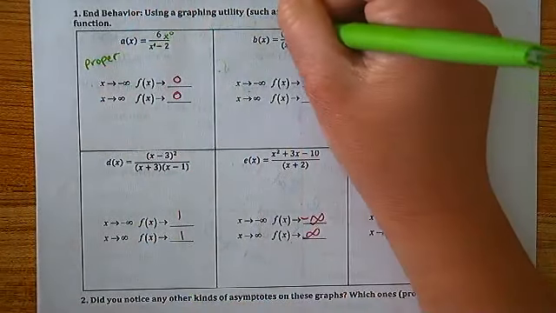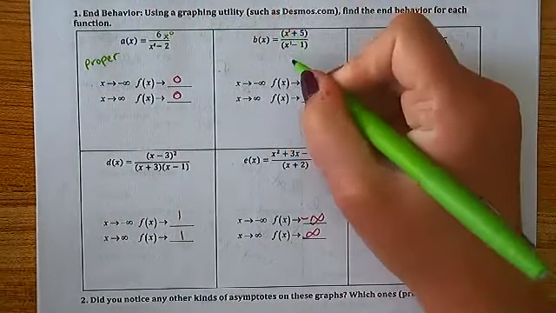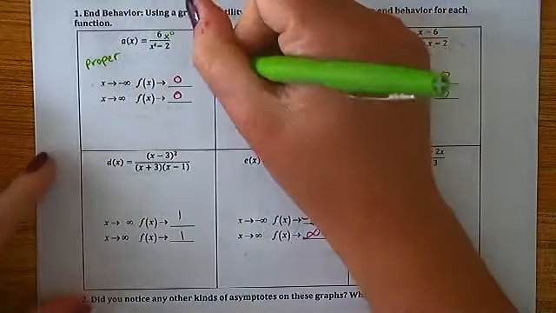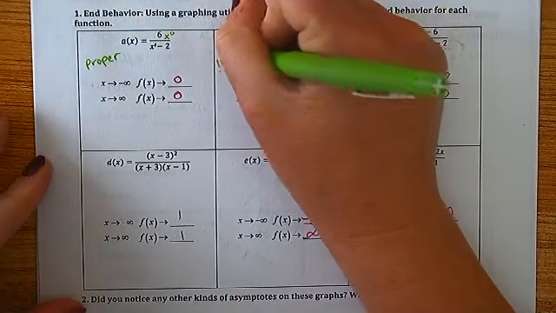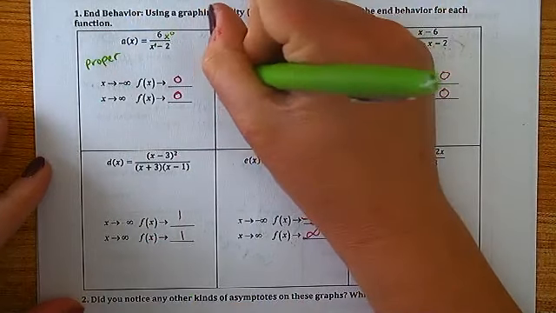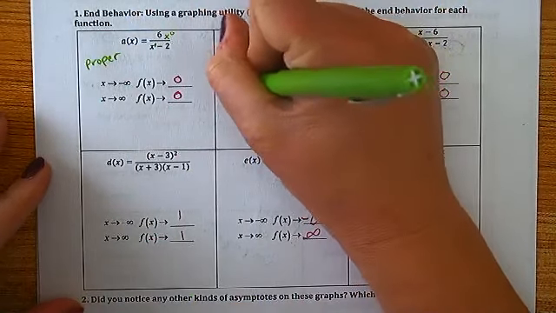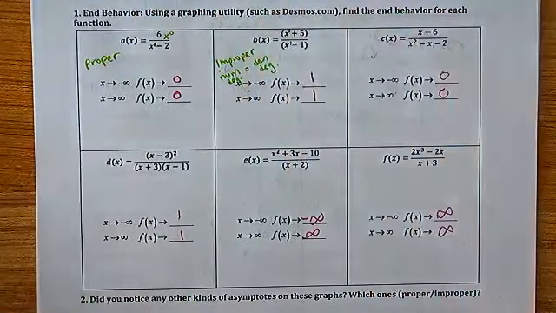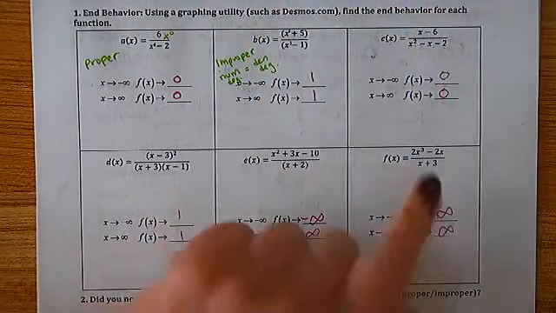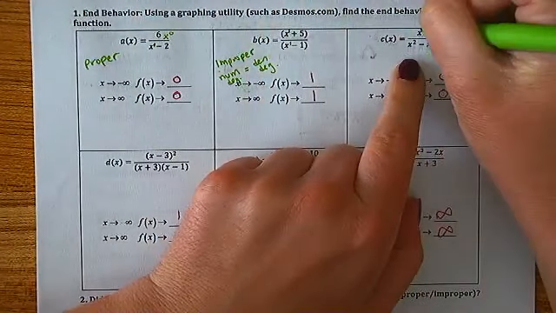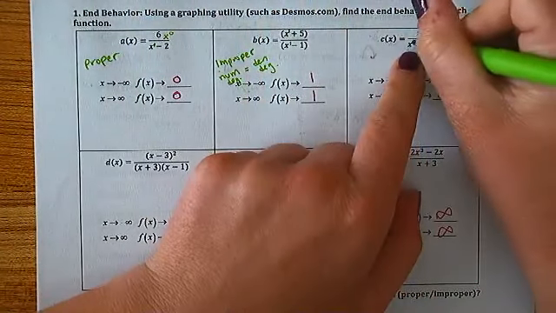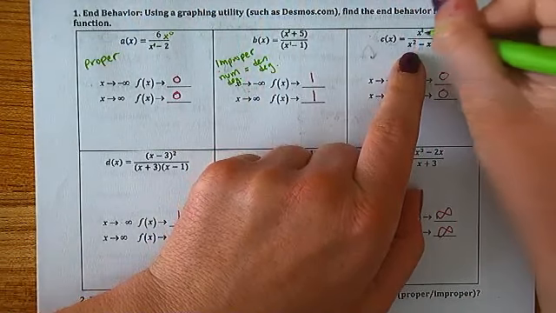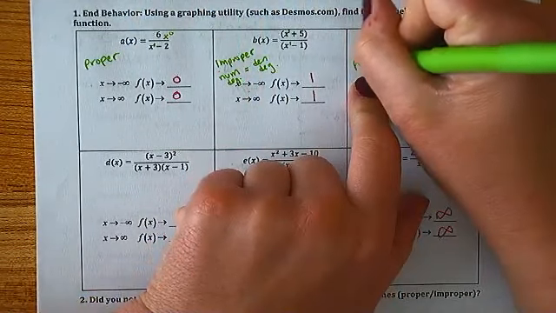Letter B, we have a linear over a linear. So they're the same, right? So that would make this one improper, where numerator degree is equal to denominator degree, since there are 2 different types of impropers. Over here on C, this is a linear, x to the first, divided by a quadratic, so it's smaller on top, which would make it proper.